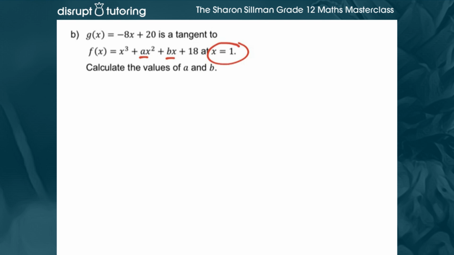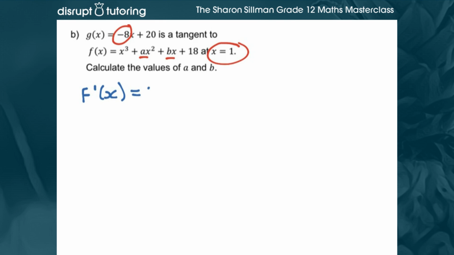We know the point we're interested in. We also know the gradient. You have to know that the coefficient of x gives you the gradient of the straight line, and in this case the gradient of the tangent. So we're going to use that information. Now let's find the derivative of the function, even though there are a's and b's in it.